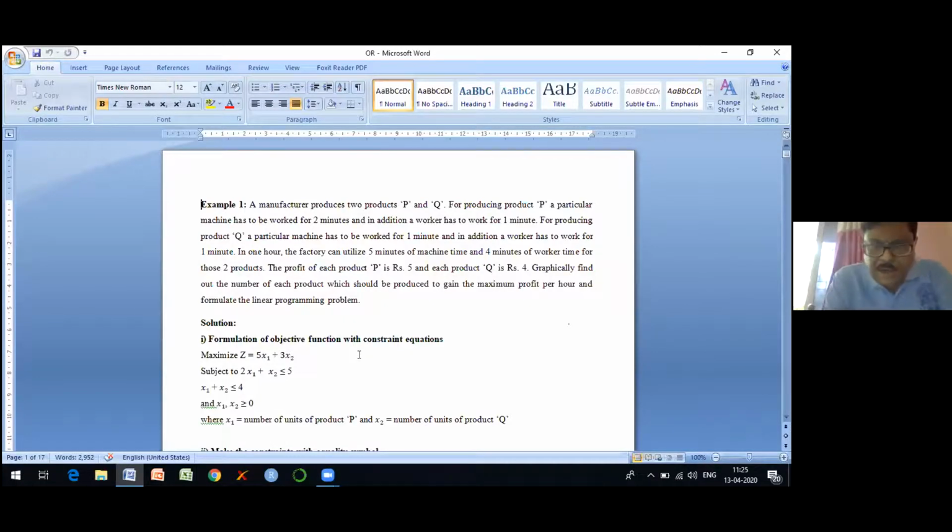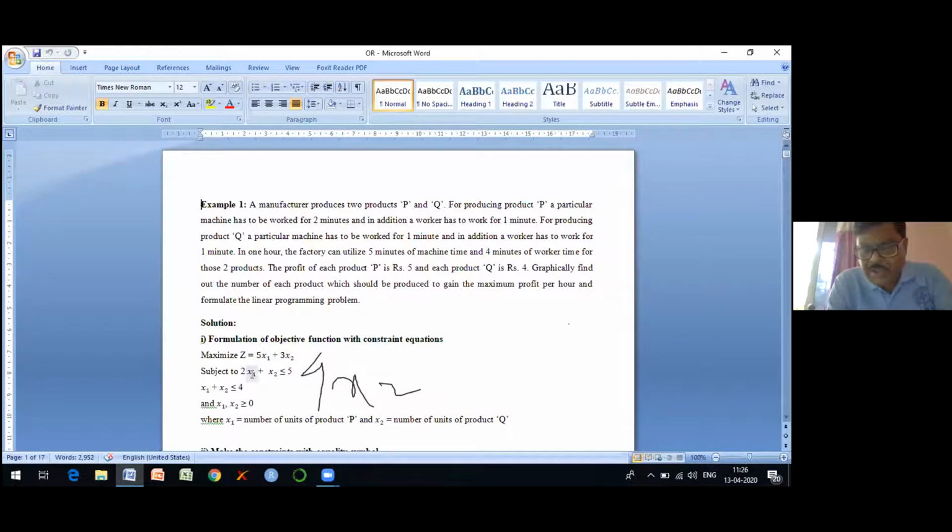Now, after writing this objective function, we have to write the constraints. So here the first constraint is for the machine. For 1 unit of product P, you require 2 minutes.